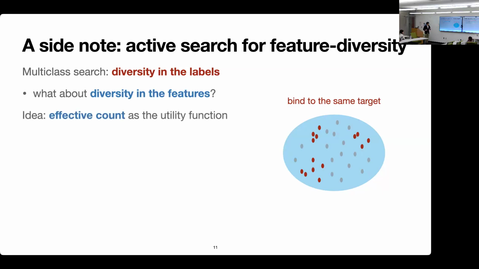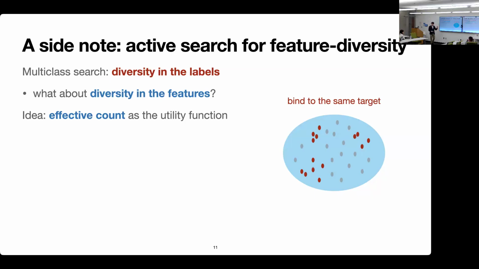Now, what you want to do in this case, where you want to encourage diversity in the features, is come up with a utility function that expresses this idea as well, just like how we came up with the diminishing returns idea for our utility function earlier. So one idea in this case is to use some sort of an effective count as your utility function, where this effective count will return a low number if the data points that you found are very similar to each other in the feature space.